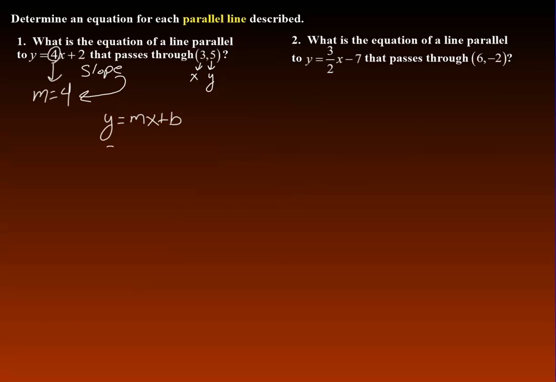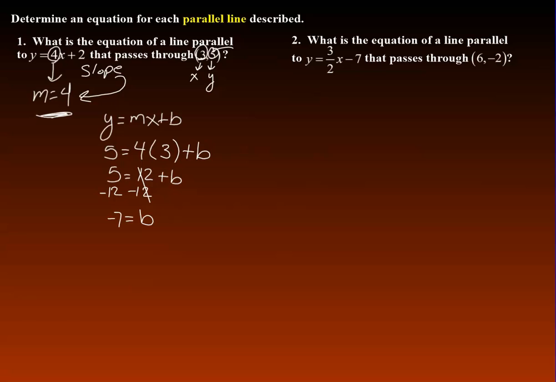So I have 5 from here equals m is 4, x is 3, plus b. So we have 5 equals 4 times 3 is 12. And then to get b by itself, we're going to subtract 12 from both sides. That way these cancel. And we get -7 equals b.